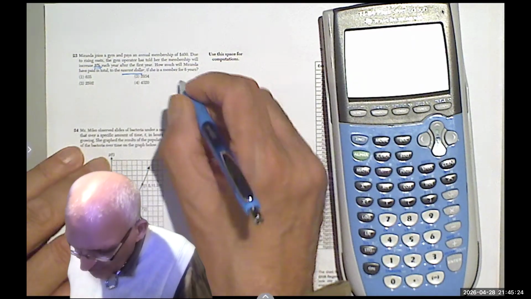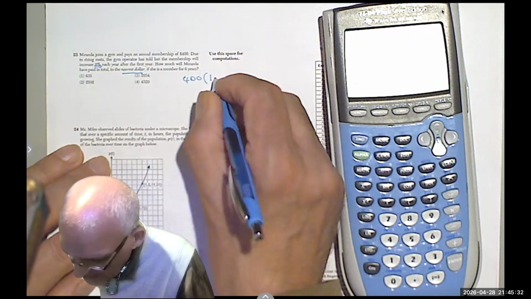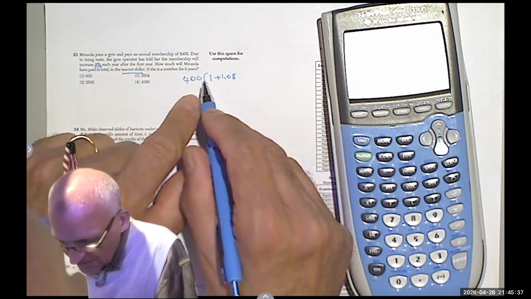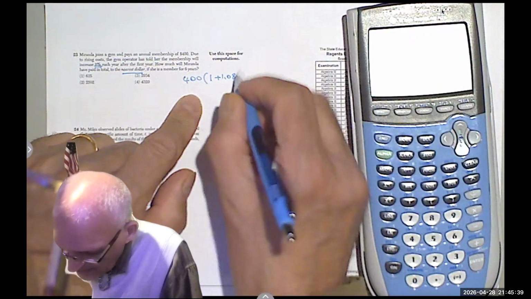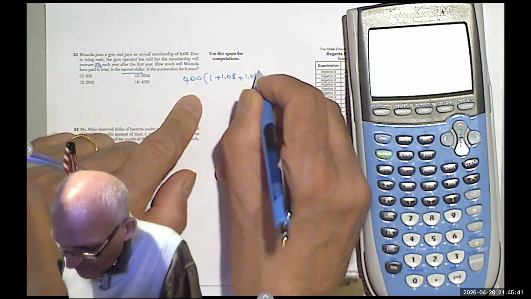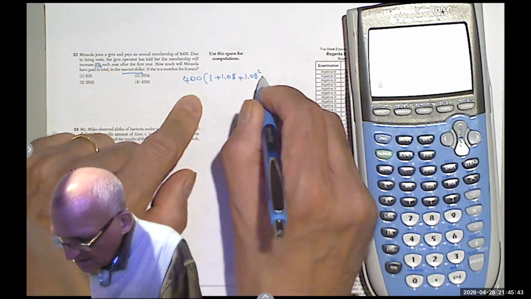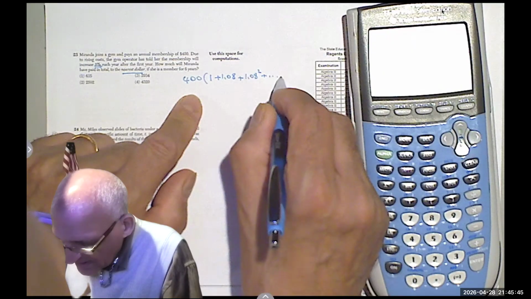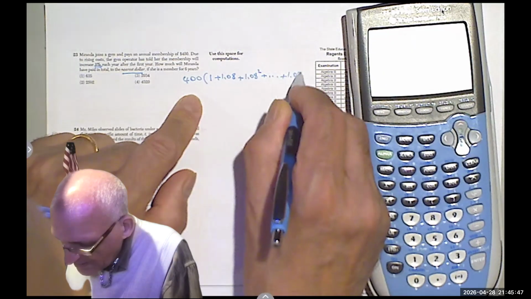So really, it's 400 plus 400. If you factor out the 400, you get 1 for the current year plus 1.08 for the second year, plus 1.08 squared for the third year. And for the 6th year, it would be 1.08 to the 5th.